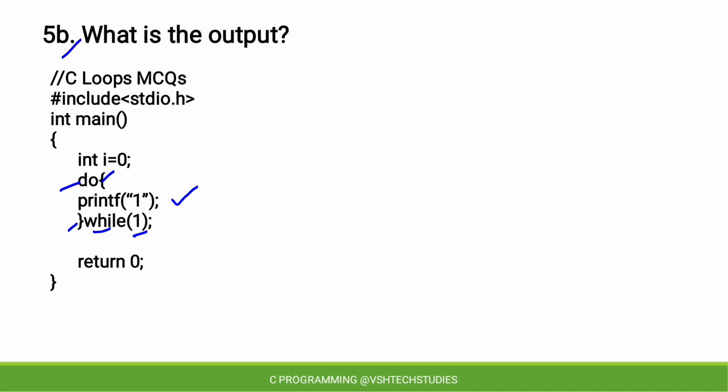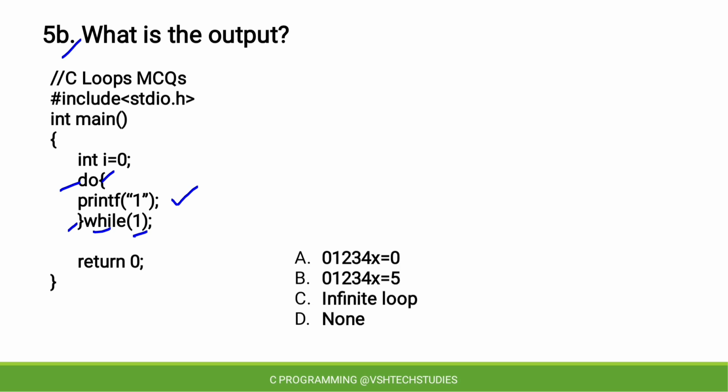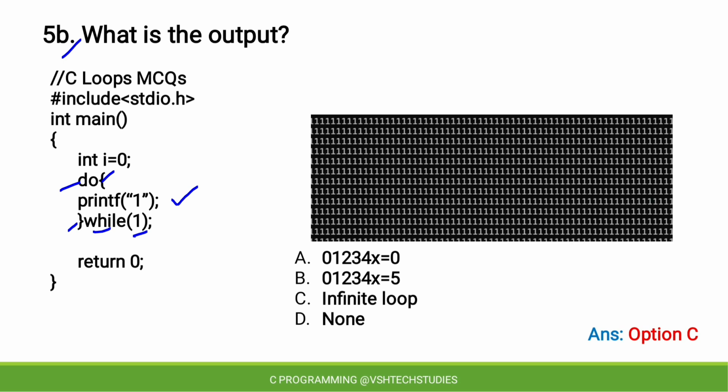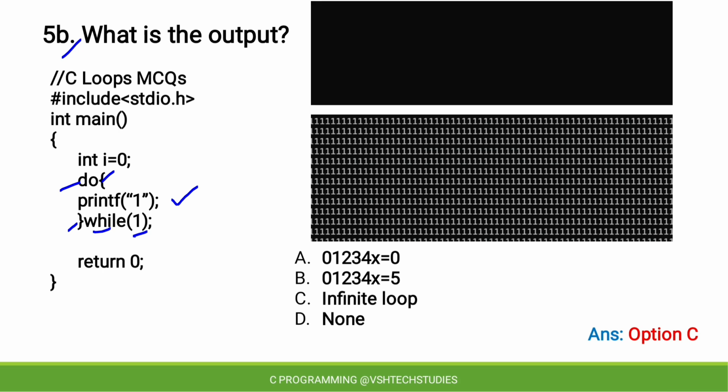So printing of 1 becomes never ending. Such a loop is called an infinite loop. If you see the multiple choices, option C is correct. So continuous printing of 1 you can observe. If the printf statement is not there in the loop body, a blank screen you can observe. So this is an example of an infinite do while loop.